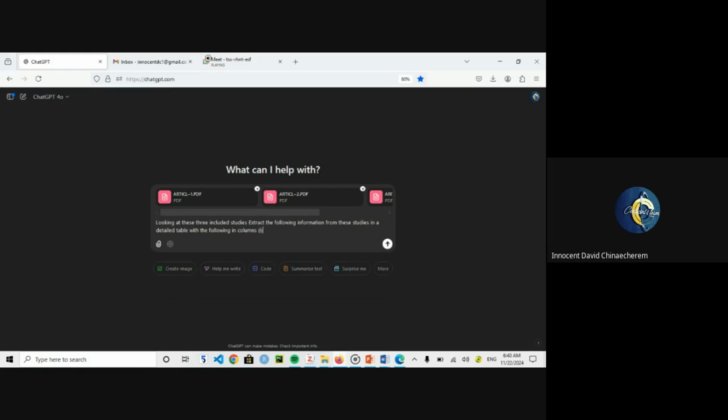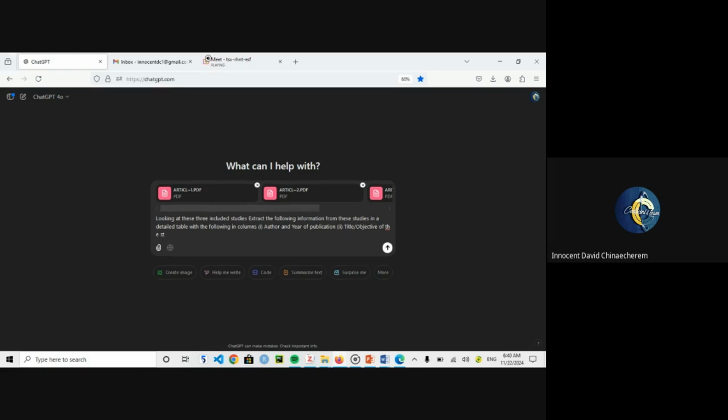The first column is going to be the author and year. The second column is going to be the title and study objective. The third one is going to be the sample size, and participant characteristics.